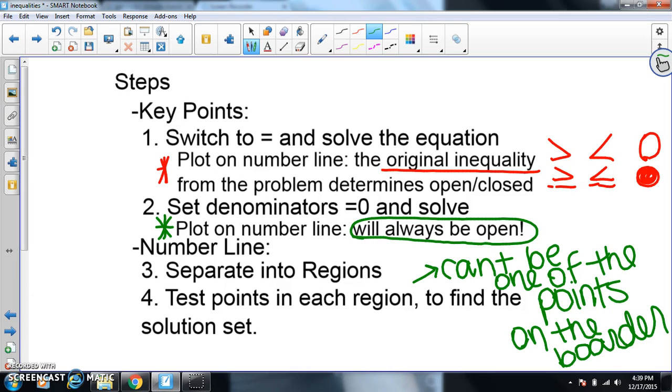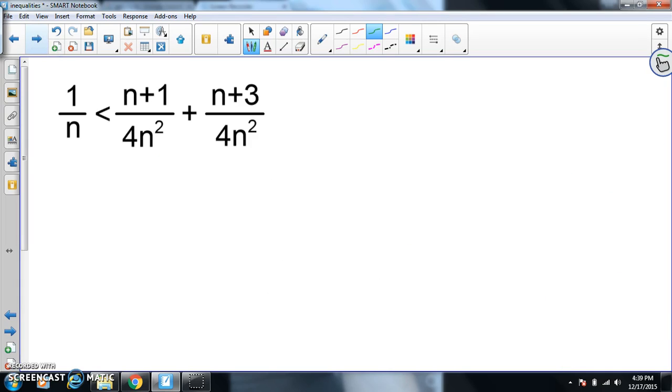If that's true, then that region will be part of our solution set. If it is false, then it will not be part of our solution set.